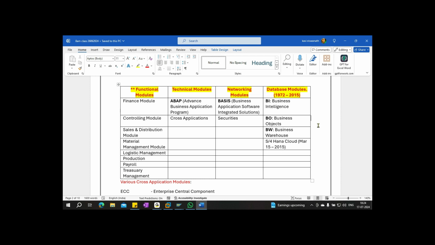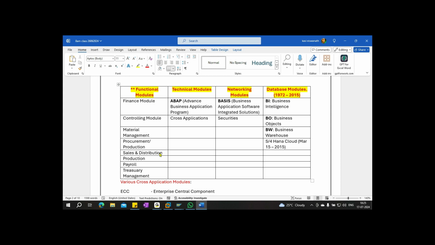Second, the controlling module. Third, material management.